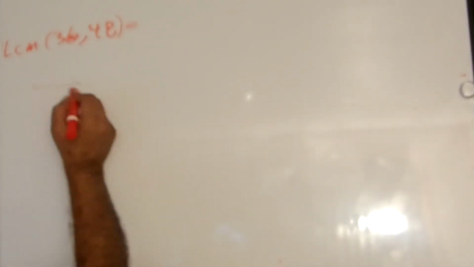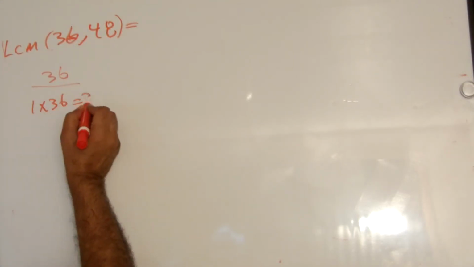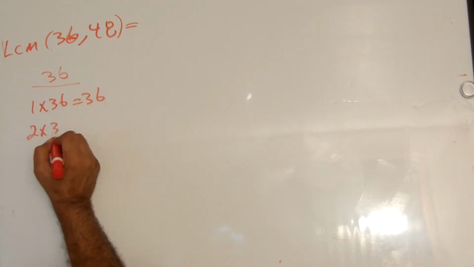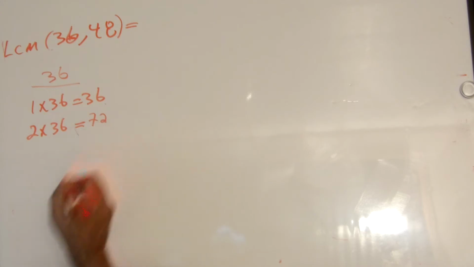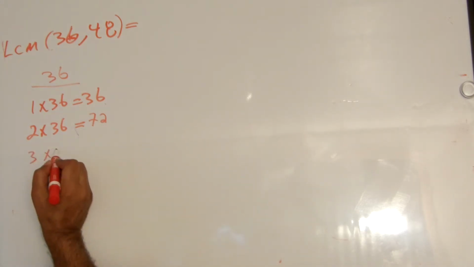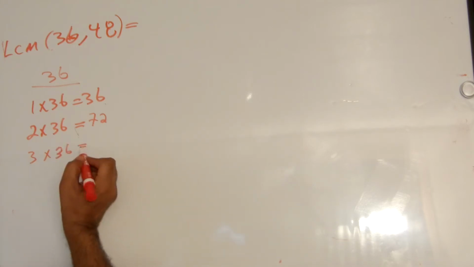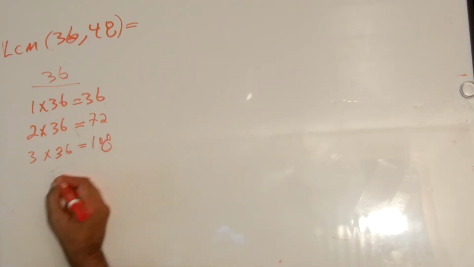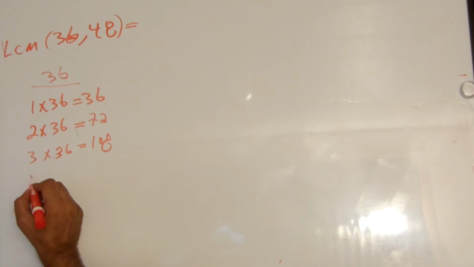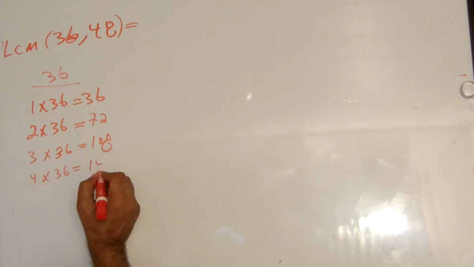So what we do, for 36, we say 1 times 36 is going to be 36. 2 times 36 is going to be 72. 3 times 36 is 108, and 4 times 36 is going to be 144.